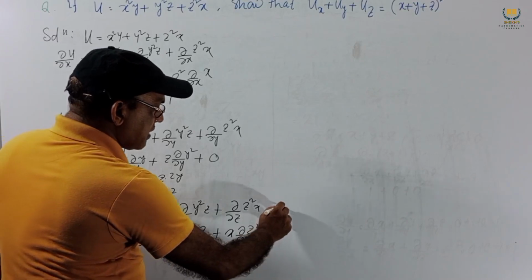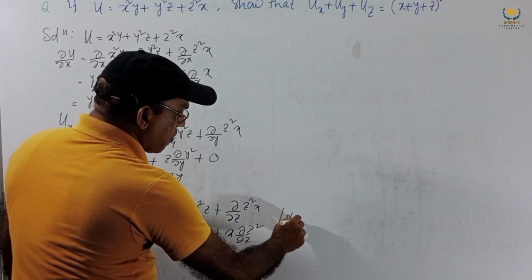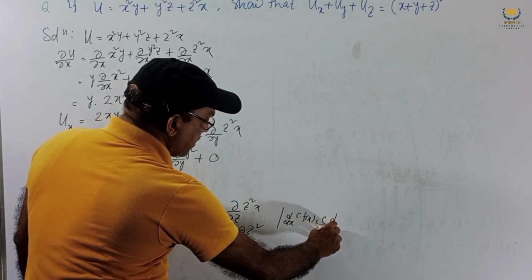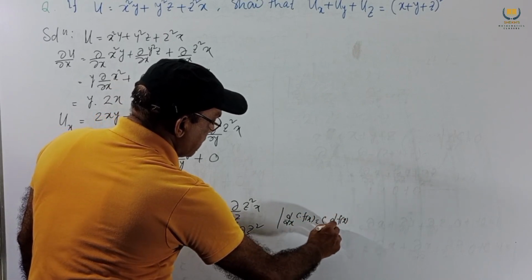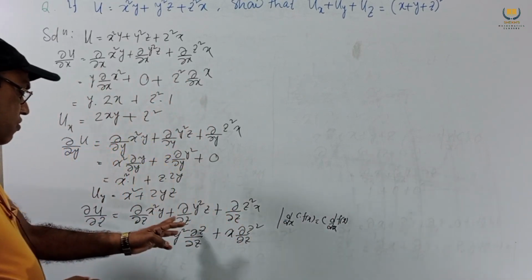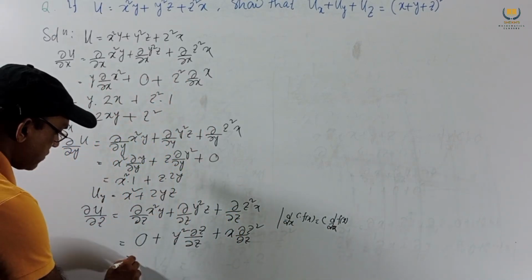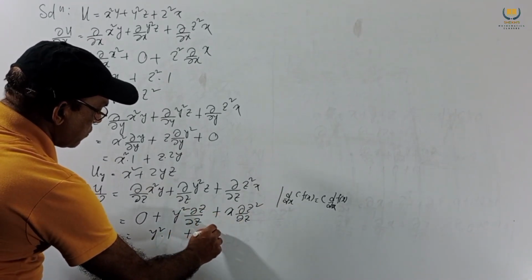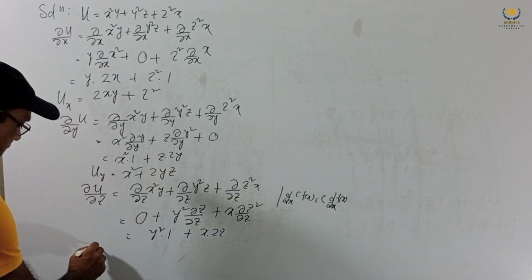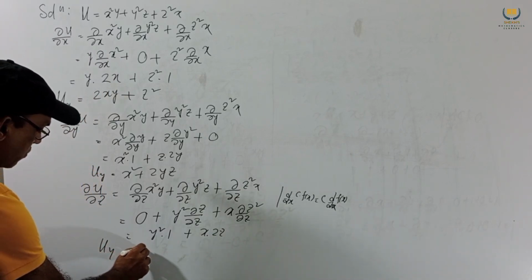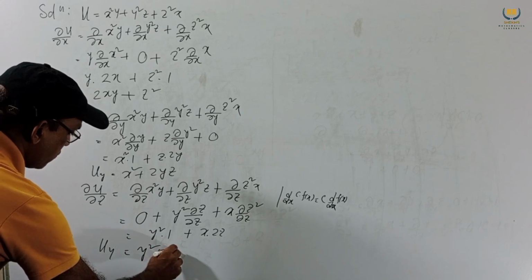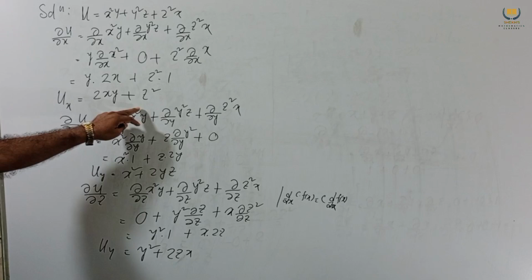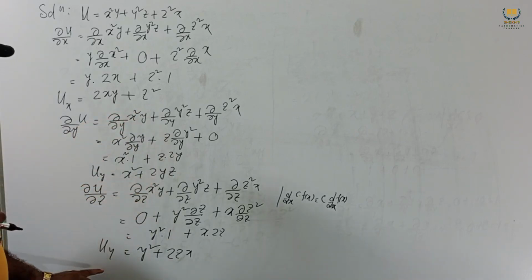Because we know this formula, d/dx of constant into function, constant taking outside, we differentiate only the function. So constant outside, and this is y square into 1, plus x into 2z. So we get uz equal to y square plus 2zx. So we get the values of ux, uy, and uz.